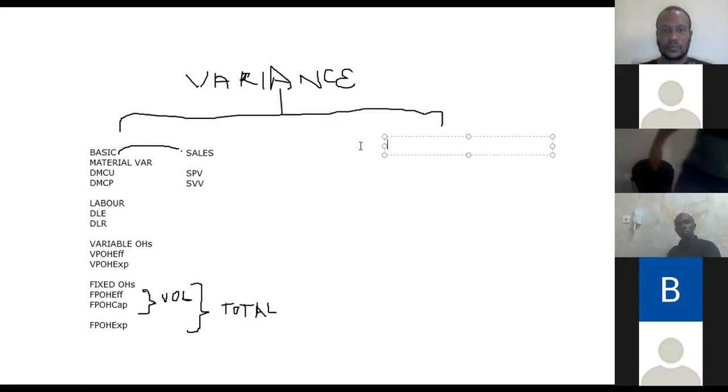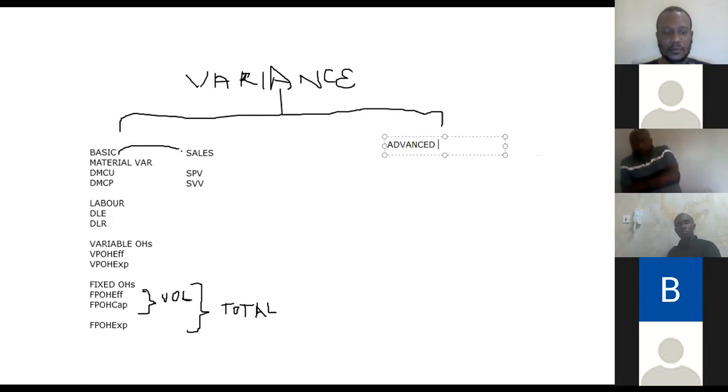Under our advanced variances, sorry, this one that I just wrote now, this selling price variance comes under sales variances. Both of them are sales. That's why I said basic. I should have left a space when I was writing the sales variances.